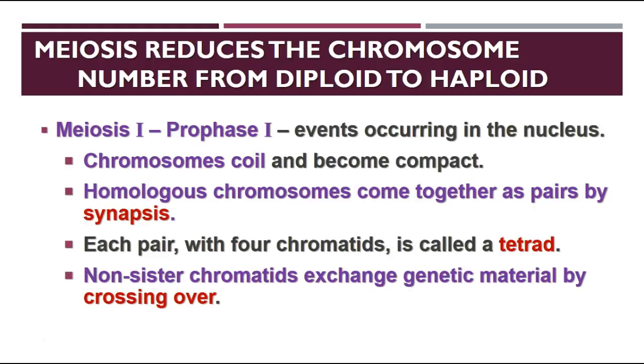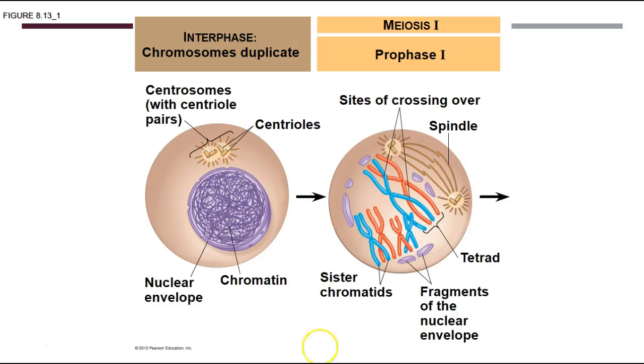And then you've got basically a group of chromosomes that has 4 chromatids. This is called a tetrad. And then during this phase, in prophase 1, there is an exchange of genetic material from non-sister chromatids by this process called crossing over. Here we have our interphase where the chromosomes duplicate. So far this looks just like mitosis, okay?